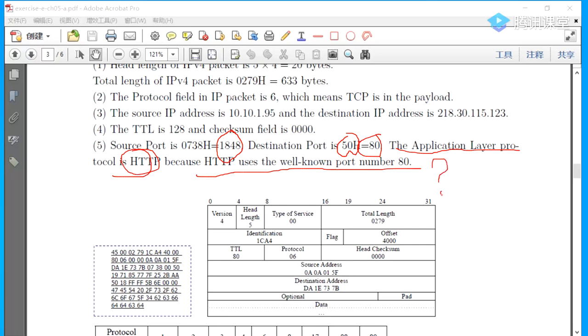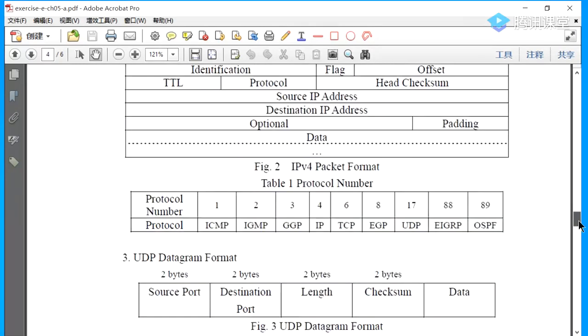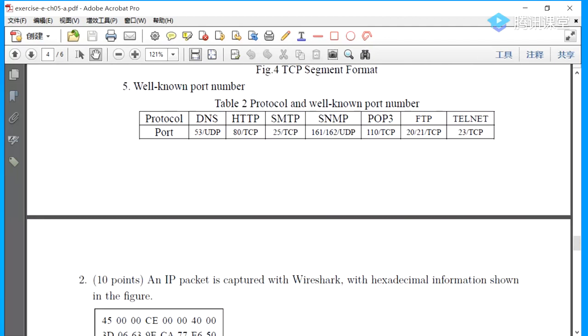Why? Just now I illustrated the appendix, right? What appendix? The well-known port numbers. The well-known port number 80 means the HTTP application, HTTP protocol.